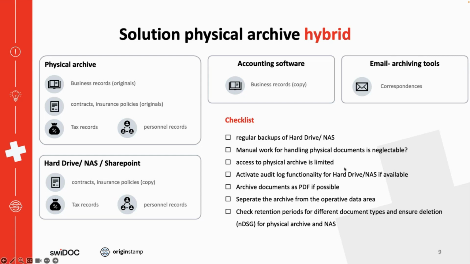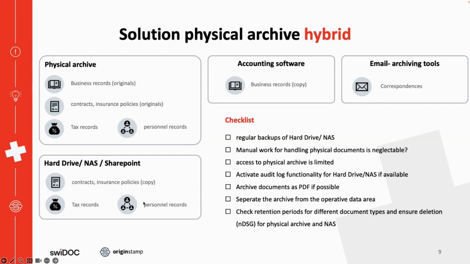What you can see here is a very basic architecture division, where you could store all the documents that you have in different systems. At the top left, we have the physical archive responsible for storing the business records as an original. So all the bills I get, I scan them, I put them in my folder, I put them in the wardrobe or in the basement, and then it's done, right? Same is for the other document types.